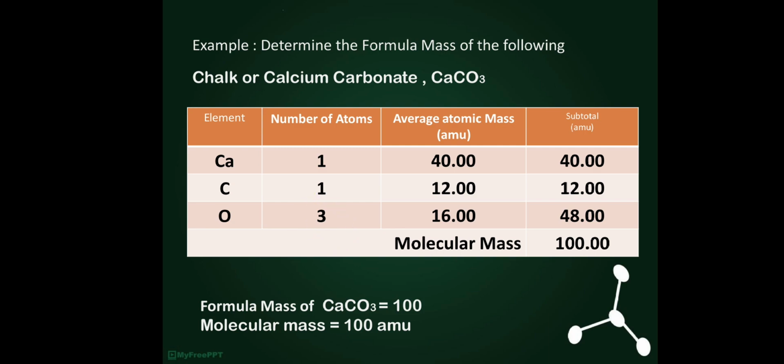So what you're going to do is find the average atomic mass. How do we calculate it in an easy way? The atomic masses in each periodic table are not the same.